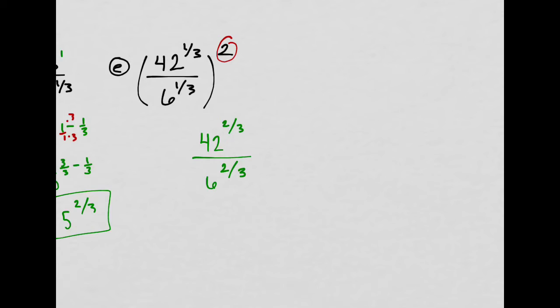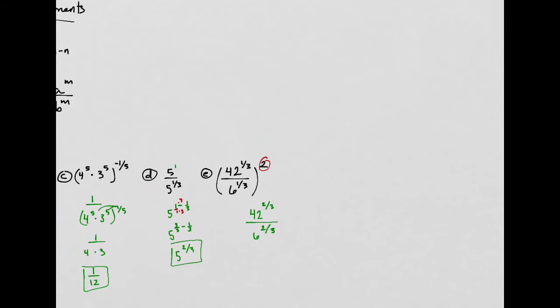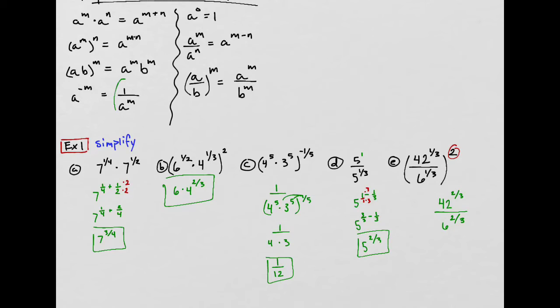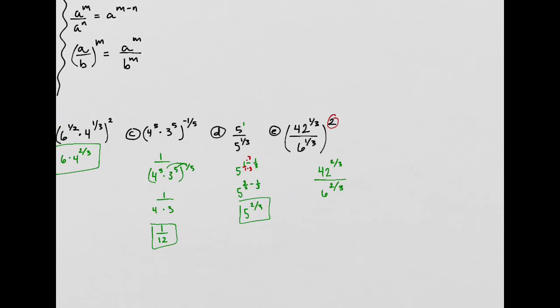Now, this is what people didn't understand. To finish this, we have to use one of the rules backwards. We have to actually use this rule and go backwards that way. And in fact, all of these rules we can go backwards if we wanted to. So just make sure that you know these rules go forwards and backwards.